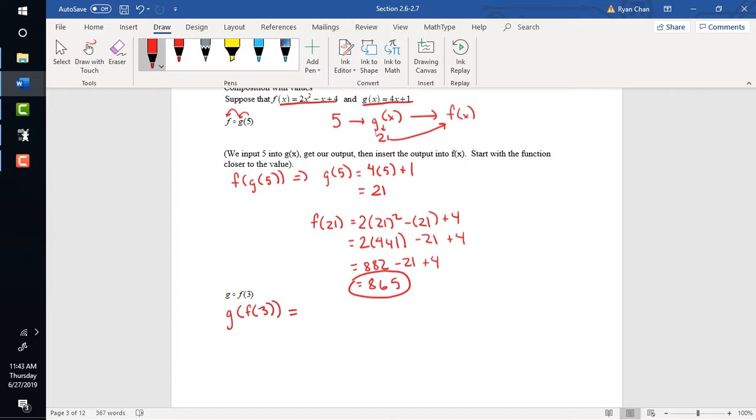And this is going to be the following. I'm going to plug in 3 into f first. If you notice, the 3 is closer to f. So I'm plugging 3 into f as opposed to g this time. So I'm going to do f of 3. I do 2 times 3 squared minus 3 plus 4, and that will be 19.